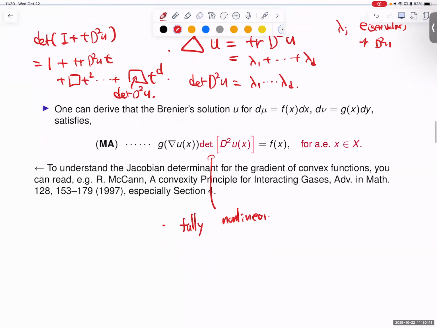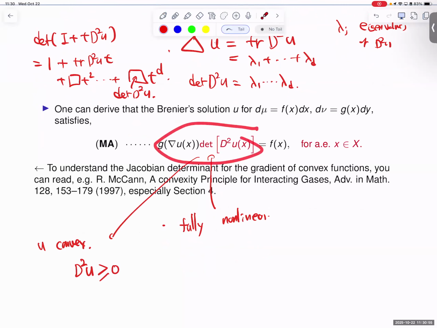Here, the Hessian of u is non-negative, right? For u convex. Okay, it'd be better not to go into any details.